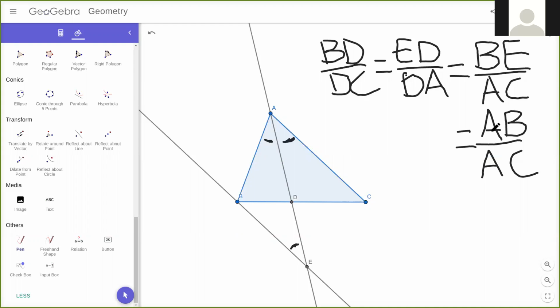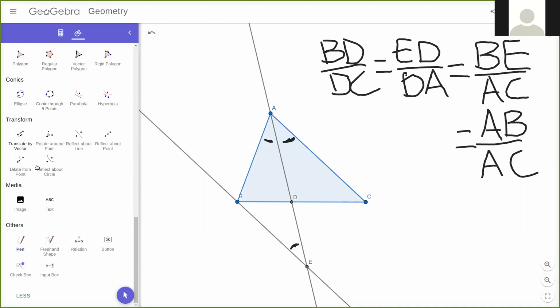So in this case, we didn't use areas, but we used similar triangles. Right? We created similar triangles to show that BD over DC is equal to AB over AC.